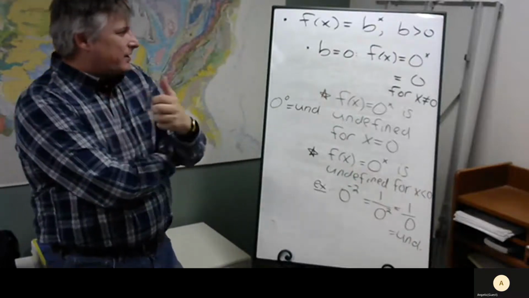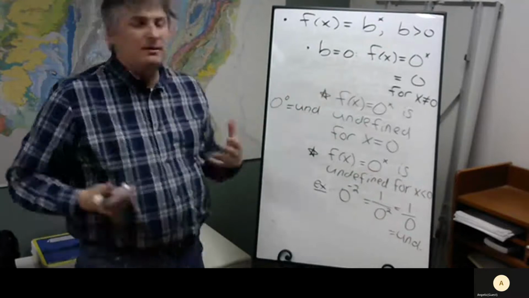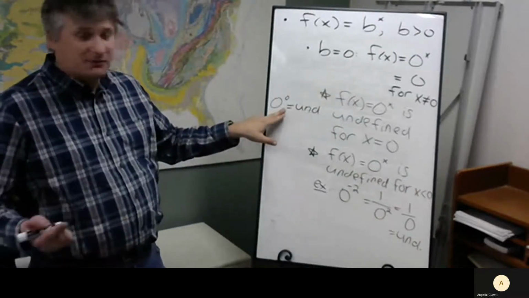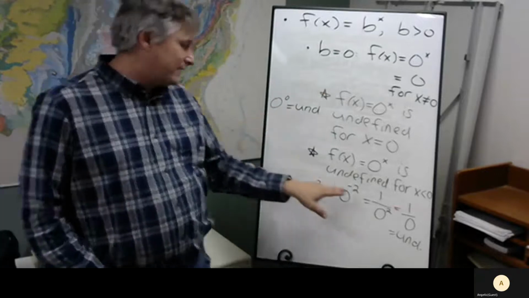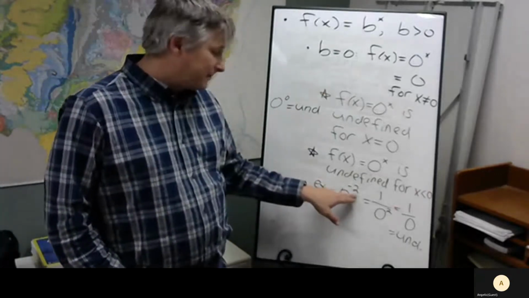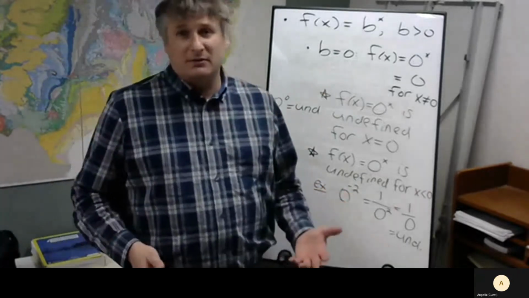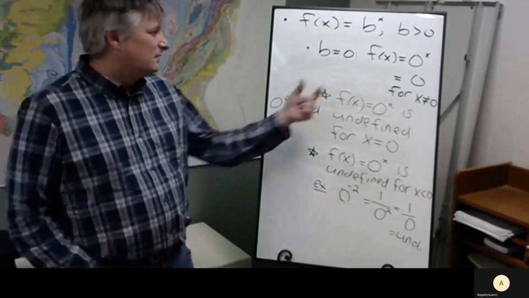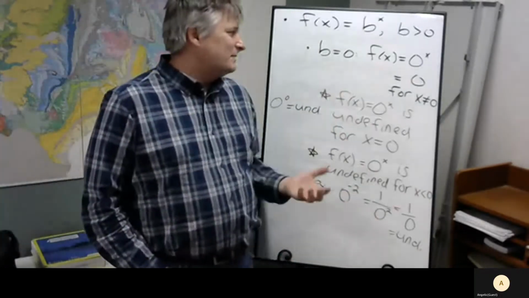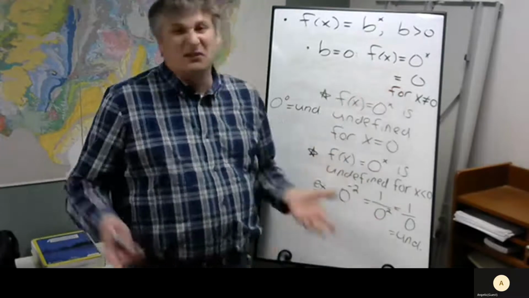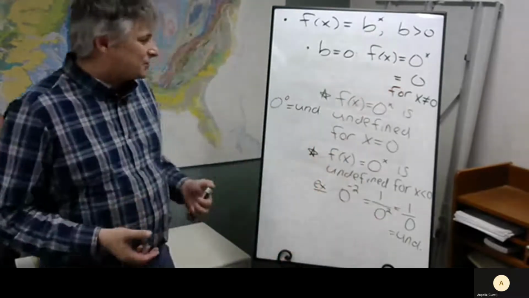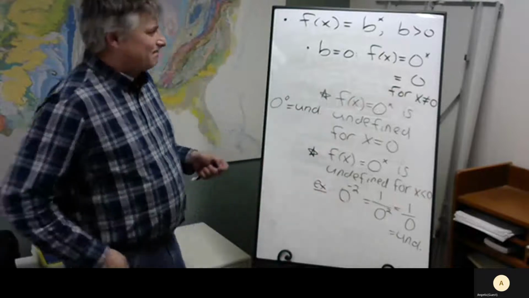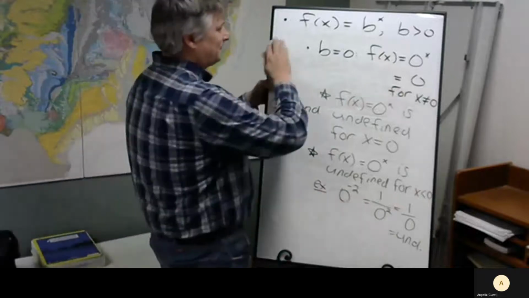So we want to stay away from b being equal to 0. We can get 0 to the 0, and that's undefined, or 0 to a negative power, which is also undefined. And finally, when it is defined, you just have f of x equal to 0. Kind of a lot of trouble to just have 0. So we stay away from 0.